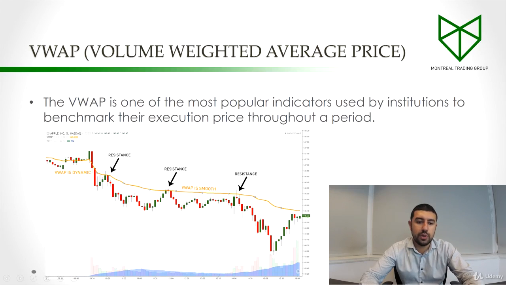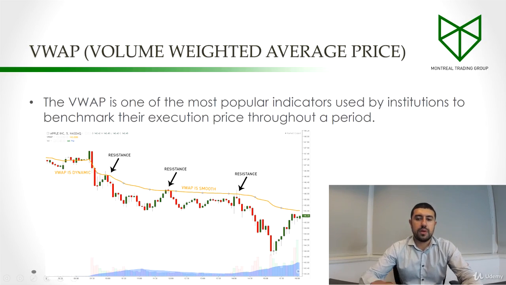Usually a VWAP is going to be looking at the past 14 or 20 periods. There's a default that we're going to check right now. And it's going to follow the price, right? The more a stock trades in a certain place, the closer it's going to get, because it's going to use that pricing information to draw itself.